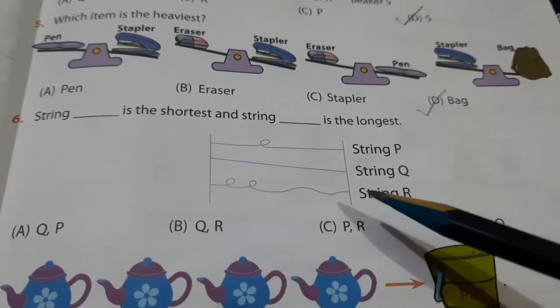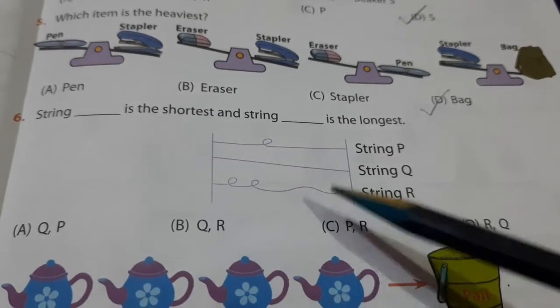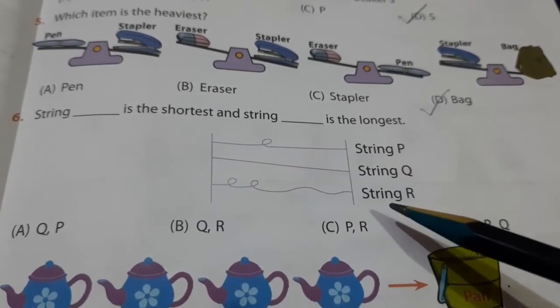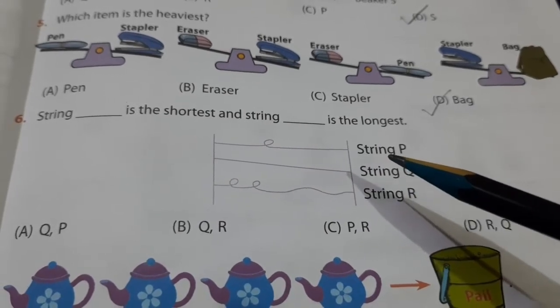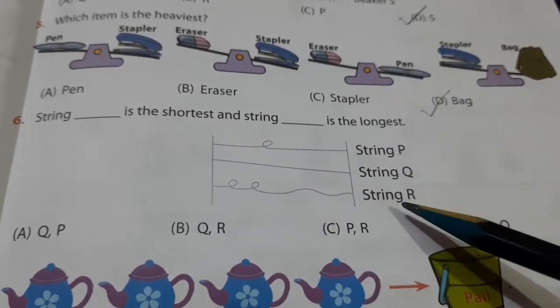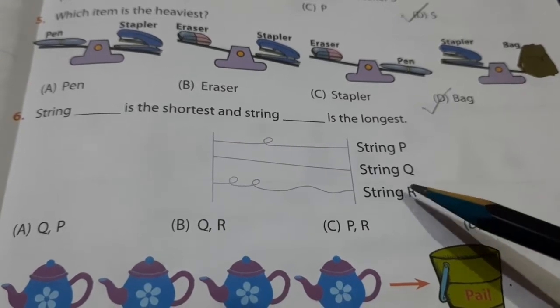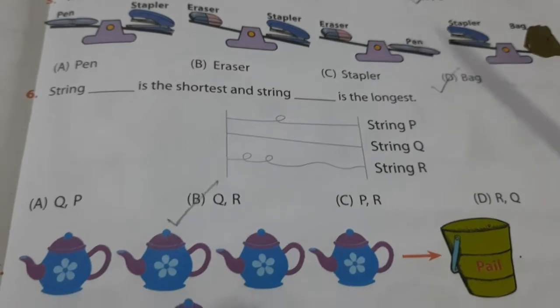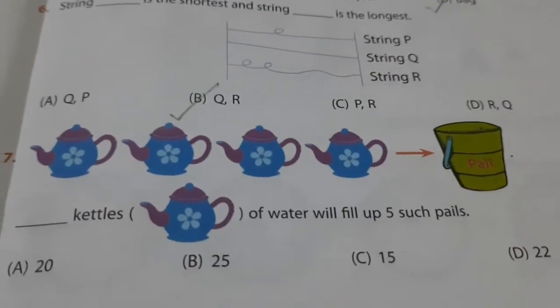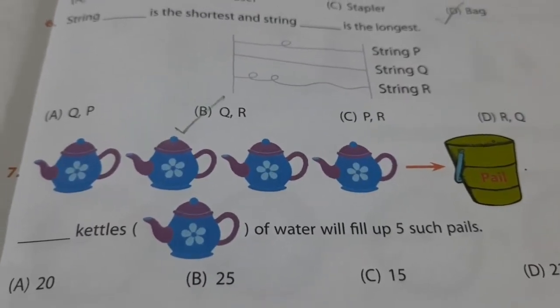So R is having lot of curls, more curls than others, and hence R should be the longest one. So our answer should be shortest comma longest, which is Q comma R, which is option B. Please tick it.